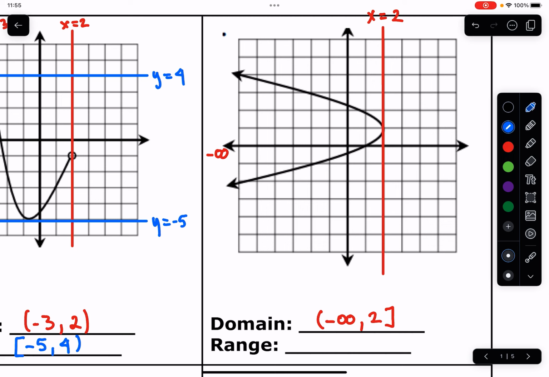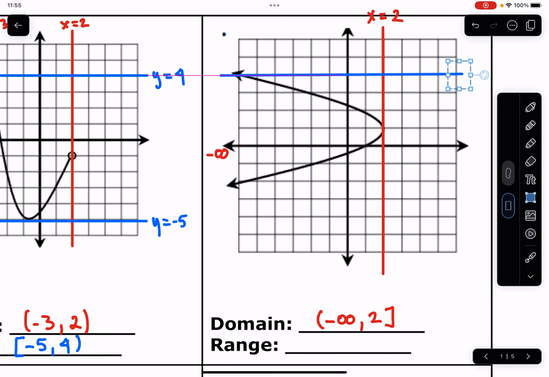Now the range is interesting because the range has no bound. The graph is not going to stop at this y value here of -2 or -1.2. It keeps going further and further down. So there is no lower boundary. And the same thing is true with the upper boundary. This is not the highest point that the graph reaches.